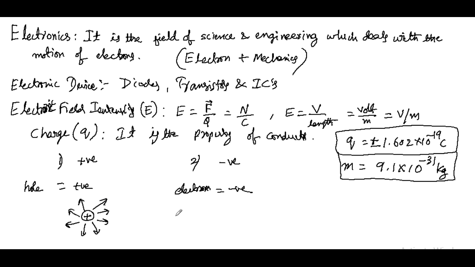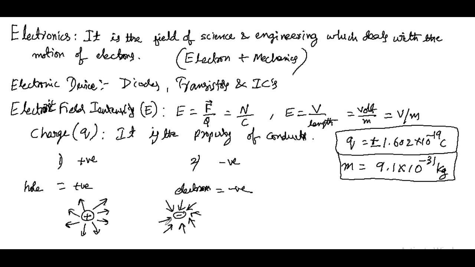Similarly, the negative charge has force lines that act as incoming lines, from infinity to 0. This combination of force lines is called field. So the negative charge consists of incoming lines of field, and the positive charge consists of outgoing lines of field.